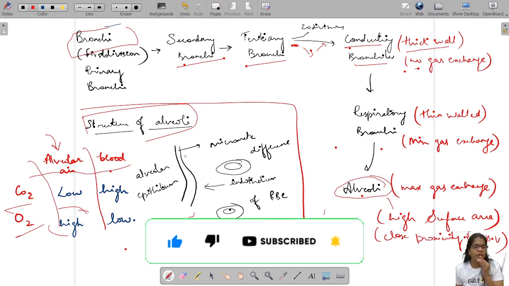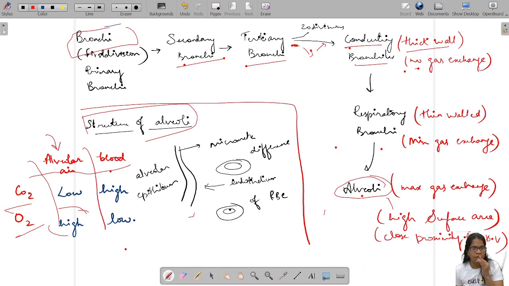So the blood obviously contains more CO2. When it passes through the alveoli, the deoxygenated blood is converted into oxygenated blood. Hope I'm clear with the concept of exchange of gases.